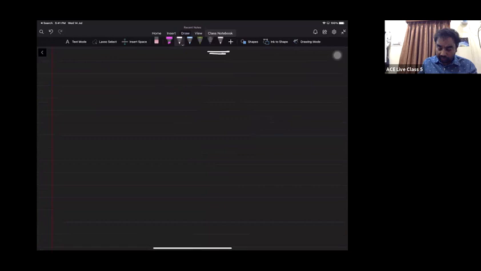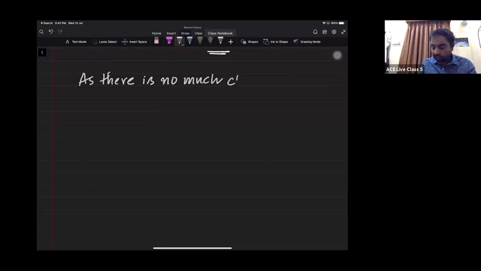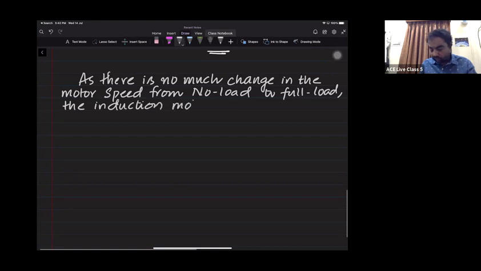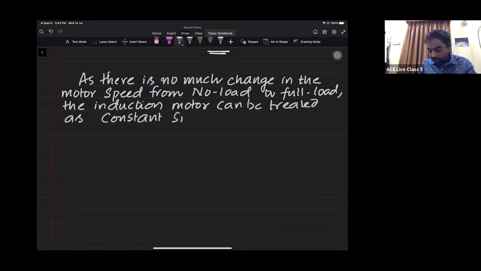Right. So can I write like this? As there is no much change in the rotor speed or in the motor speed from no load to full load, the induction motors can be treated as constant speed motors.